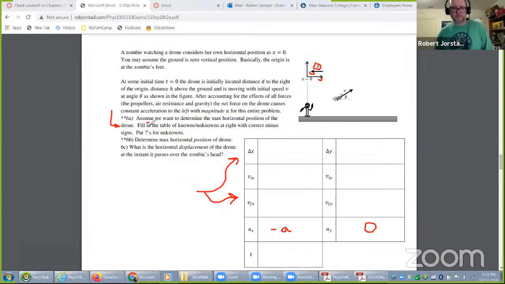And again, assume we want to get the max horizontal position of the drone.